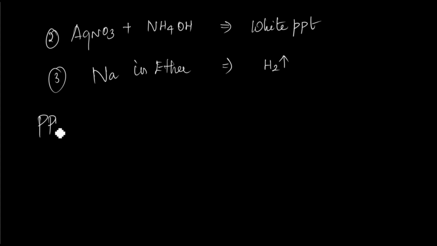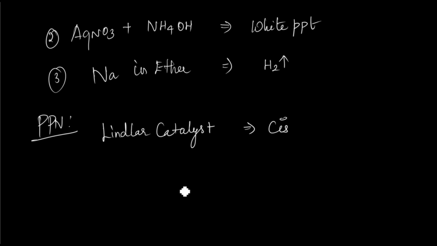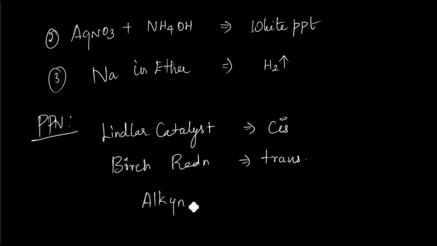In case of the preparation part, Lindlar catalyst is for cis, and bridge reduction is for trans products. What will that give? Alkyne to alkene. Okay, cis and trans depend on the reagent you are using.